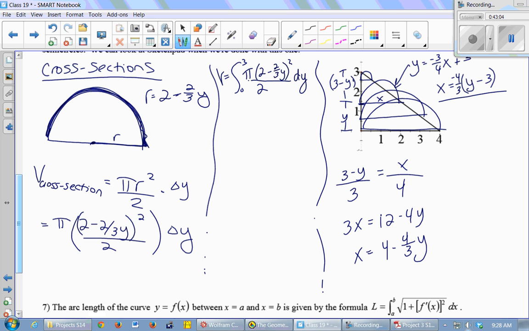So I could pull out the pi over 2, and then I could work on taking an antiderivative of that. I don't want to waste the time just finding integrals. You end up getting 2 pi.